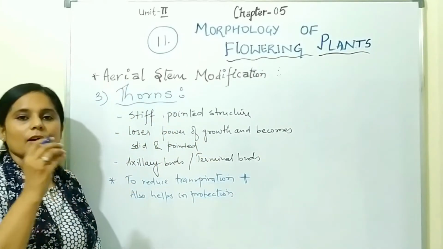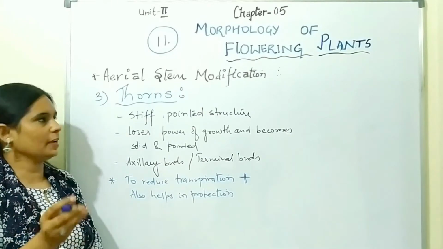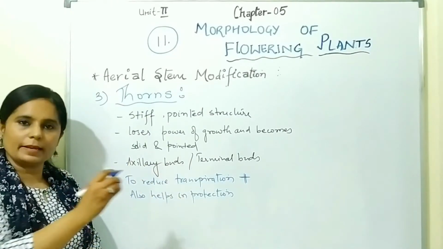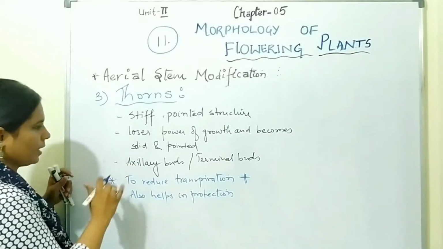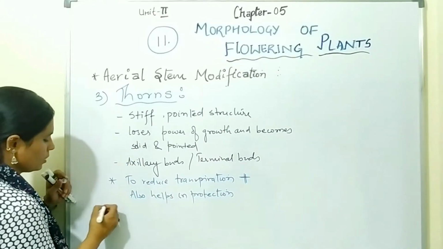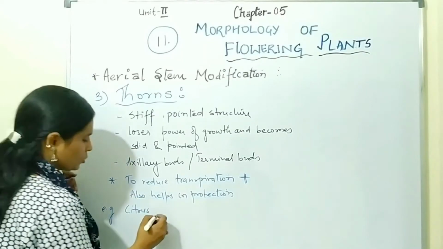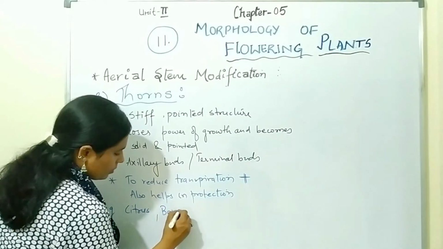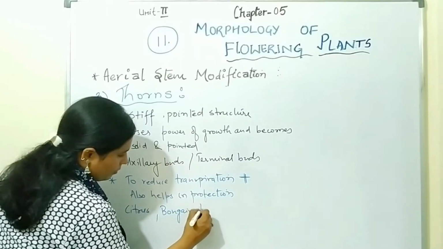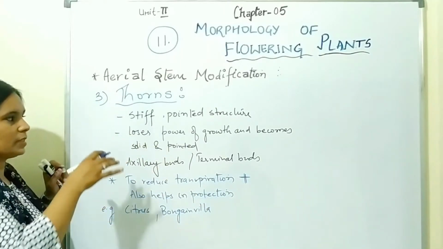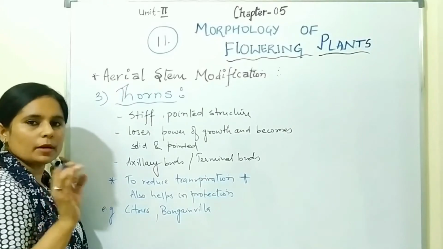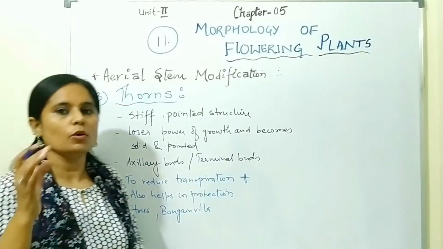So these two are the purposes of this modification in the aerial stem. Cases where you will see thorns are citrus plants and bougainvillea. Here the axillary or terminal bud has modified into thorns.